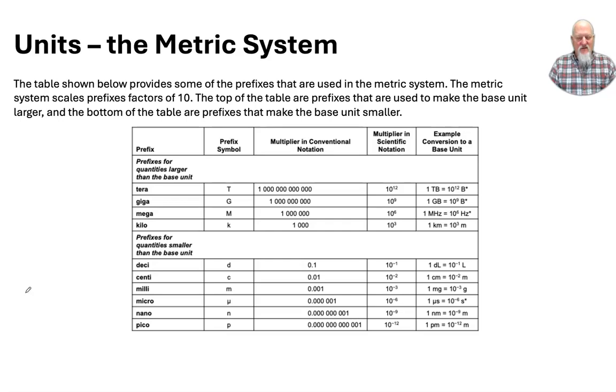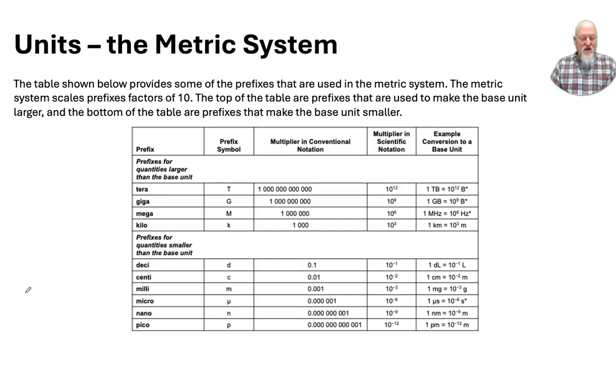These are the prefixes, some of the prefixes, basically the ones we'll see during the semester, and this is the prefix defined as how that prefix is related to the base units. Okay, and we just said the base units are meter, gram, second, and liter. So these prefixes can be used for all those.